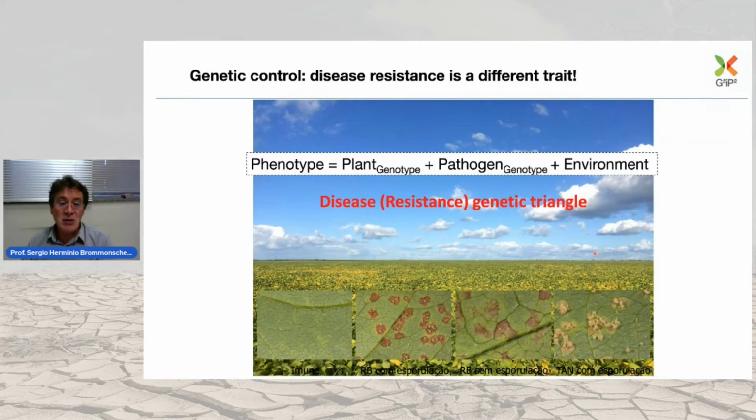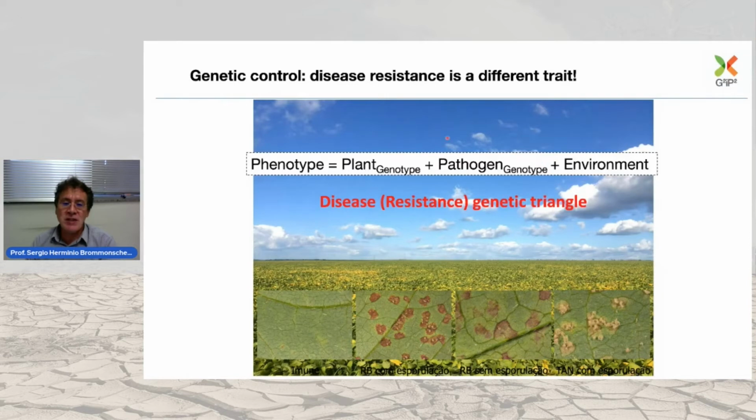But compared to abiotic stress, especially here biotic stress in my particular case, disease resistance, the phenotype is not dependent on the plant genotype and the environment only, okay? We have now another component here, that is the pathogen genotype. That makes biotic stress a little bit challenging compared to abiotic stress, but I know abiotic stress is a very complex trait to work with.